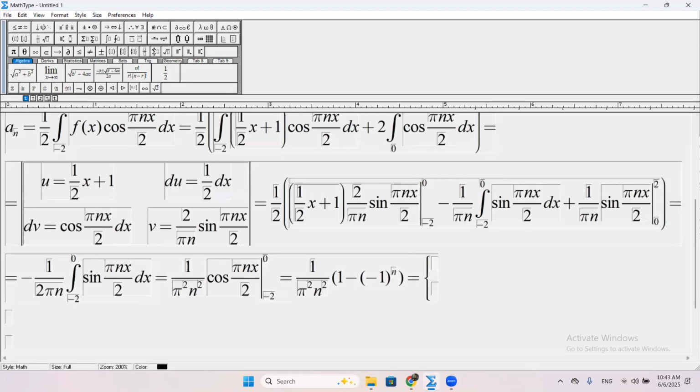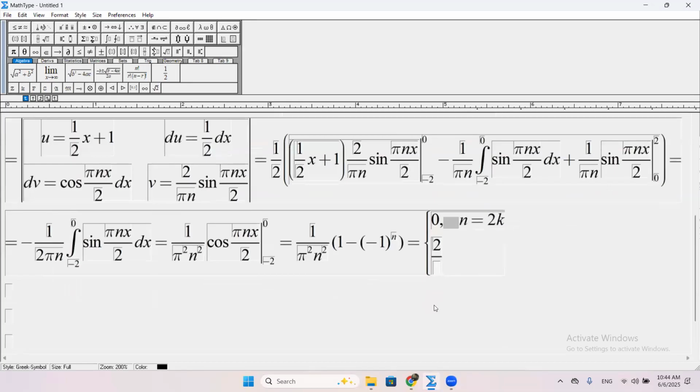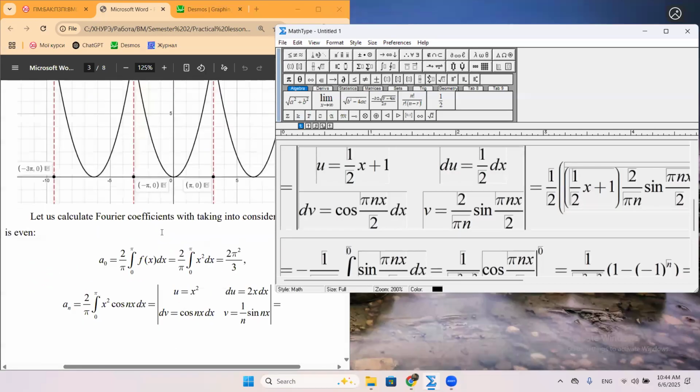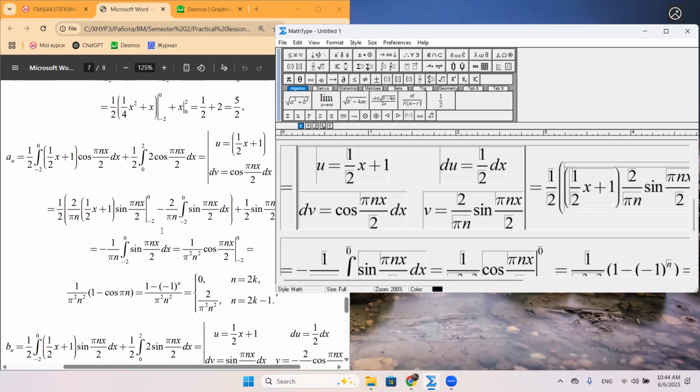So it equals 0 if n is even, and it equals 2 over pi square n square if n is odd. Okay, let me check my notes if it matches, because there are a lot of calculations. Yeah, so it matches. Good.